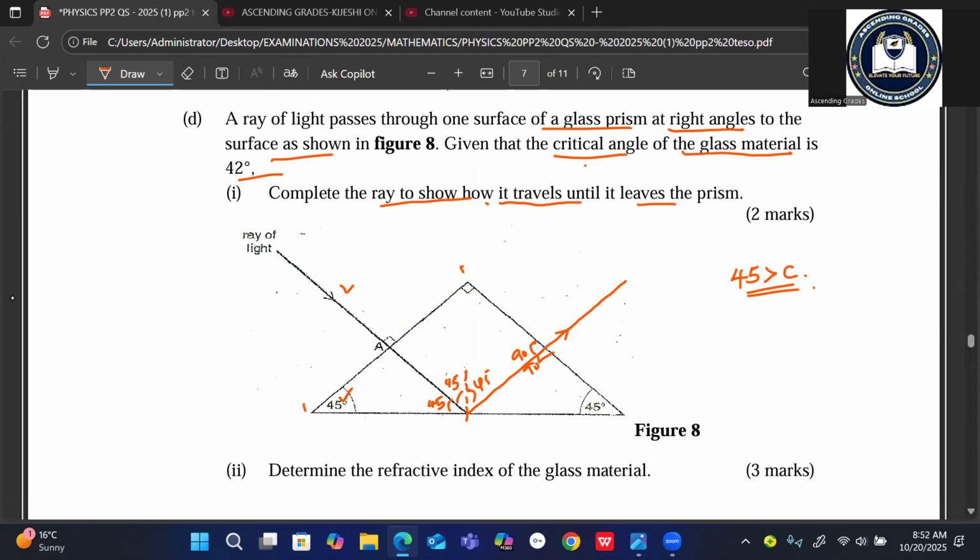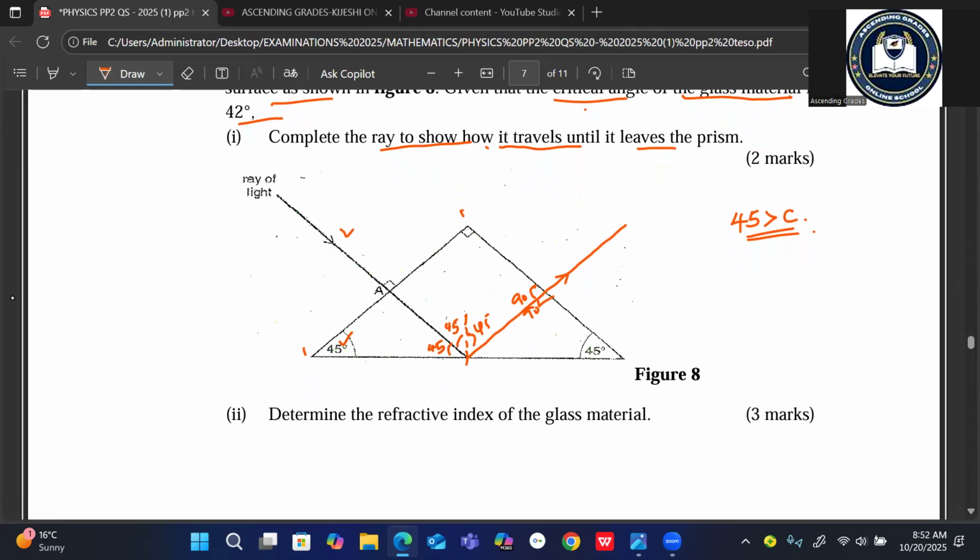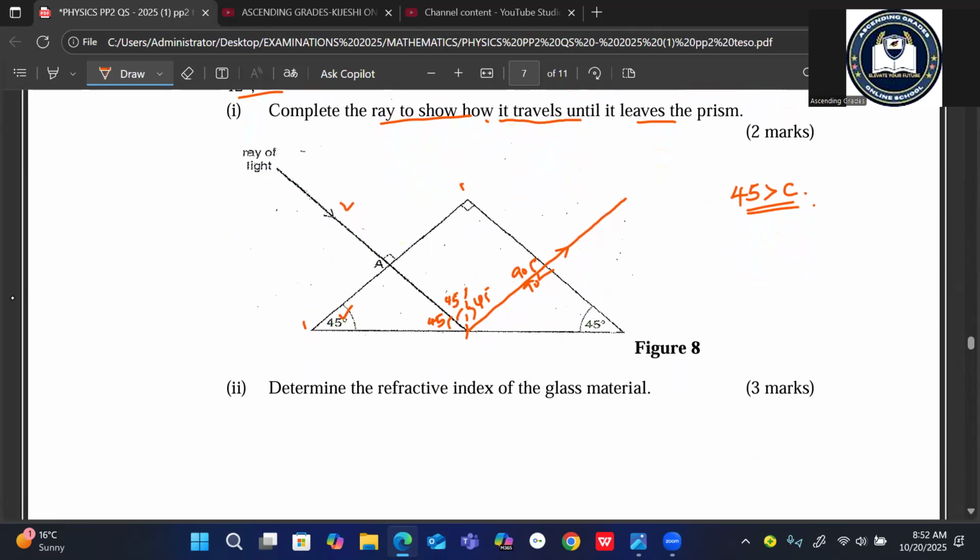Then you are told to determine the refractive index of the material. Refractive index is related to the critical angle in this formula.